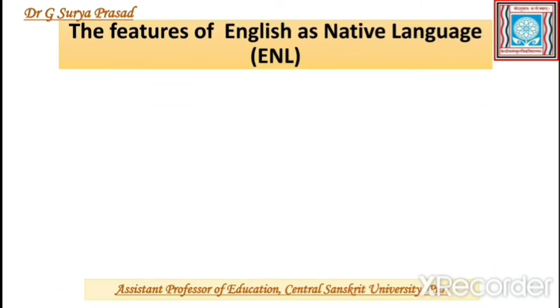Now let us look at the features of English as native language, ENL.